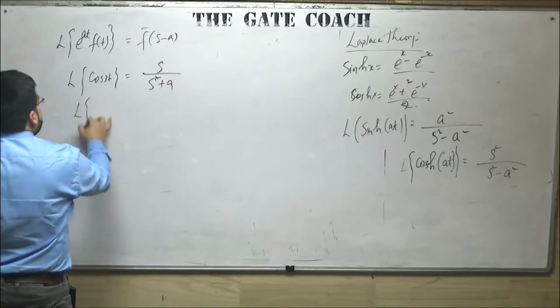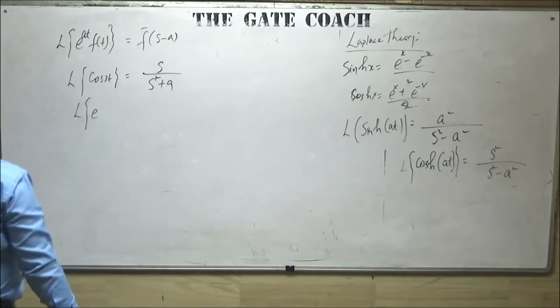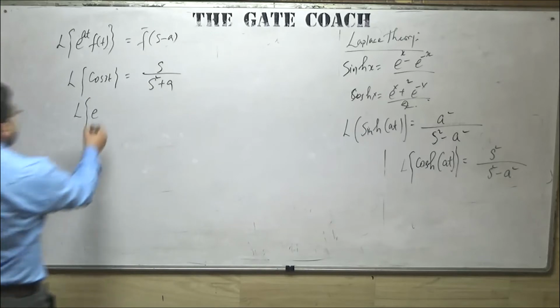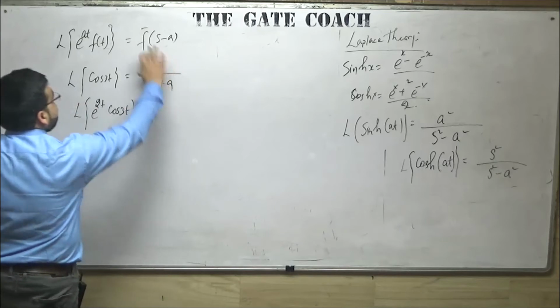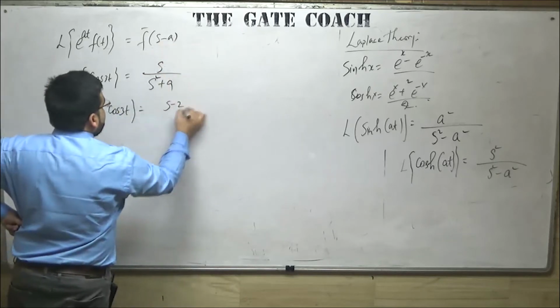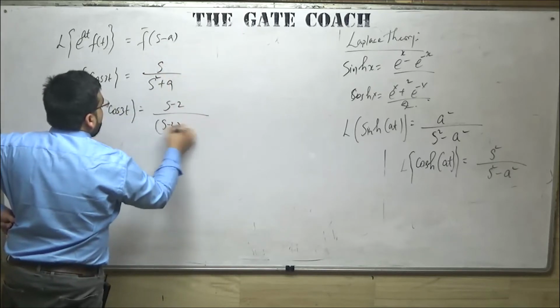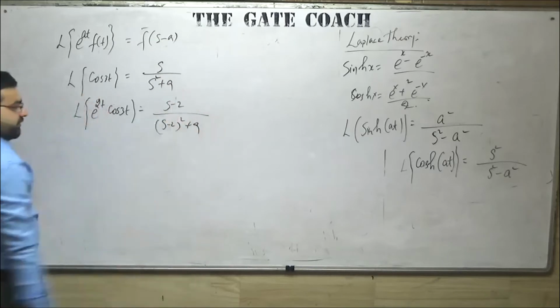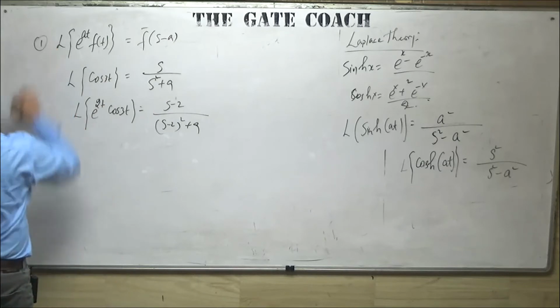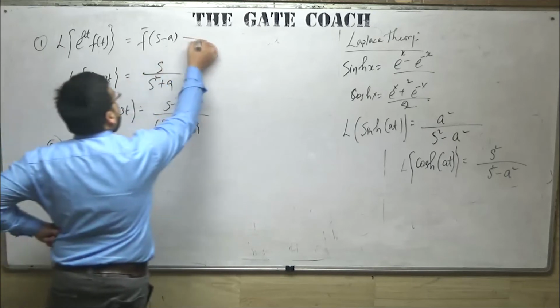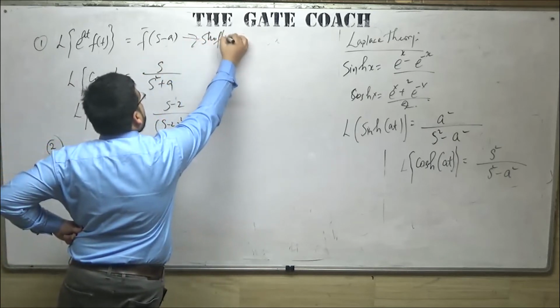See, Laplace transform of e raised to power 2t cos 3t: just put s equals s minus 2. So it is s minus 2 divided by s minus 2 whole square plus 9. You solve it, you will get the answer. This was the first property, called the shifting property.